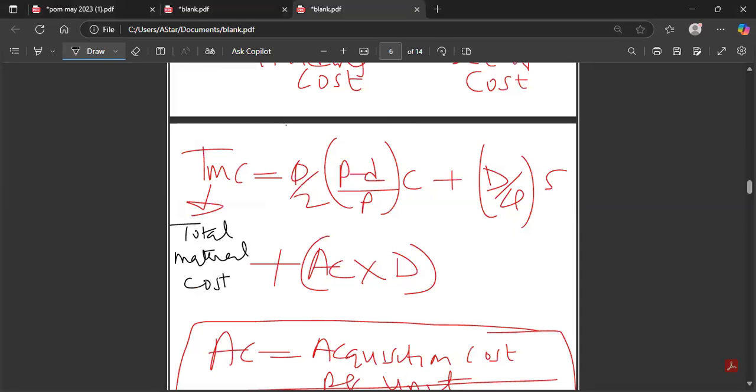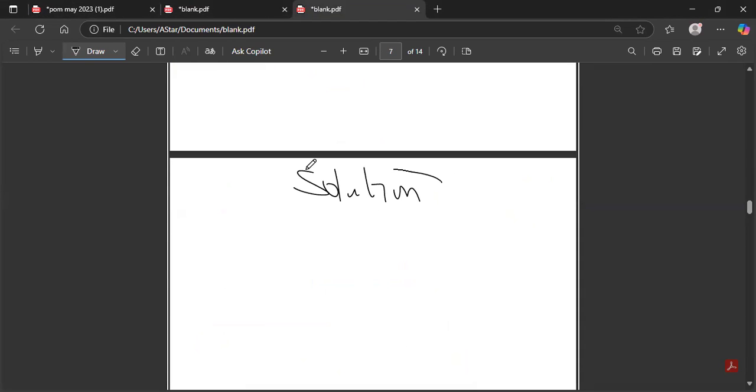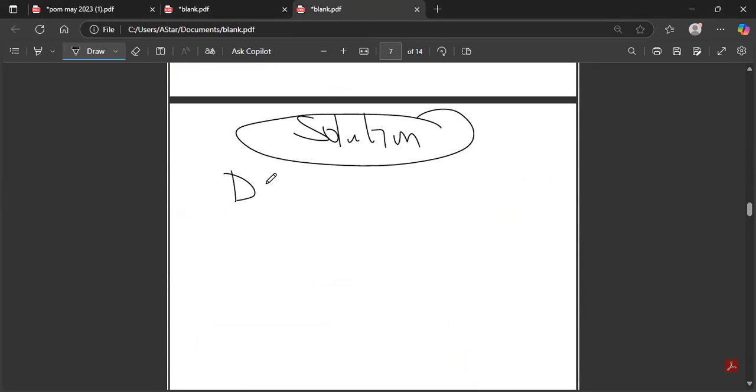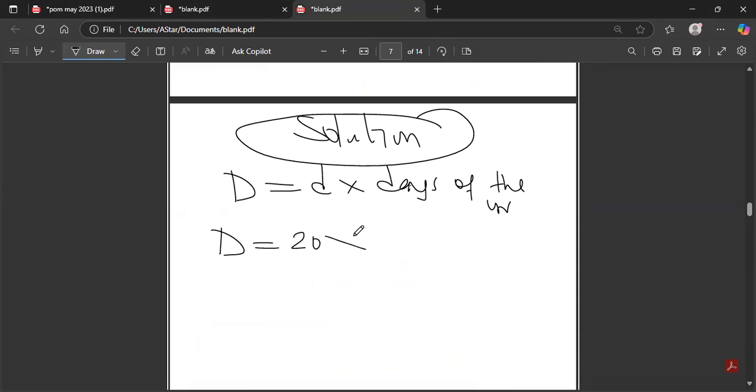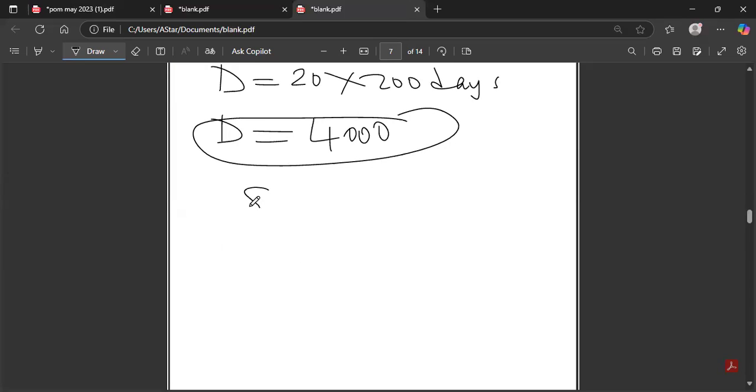Because the demand is 20 per day. So on the solution, this is what you do in your question. Annual demand is equal to daily demand multiplied by days of the year. So it will be 20 times 200 days. All together, yes, we are. 4,000.